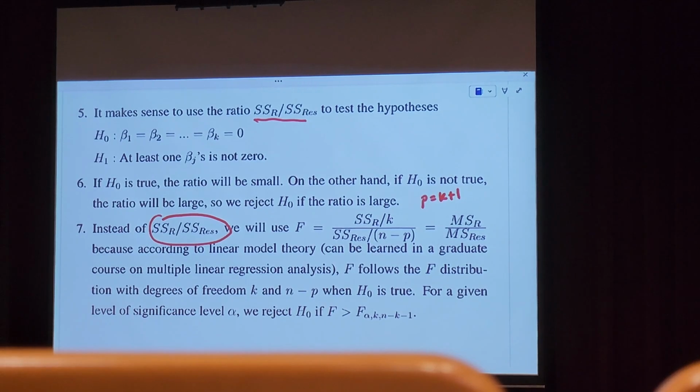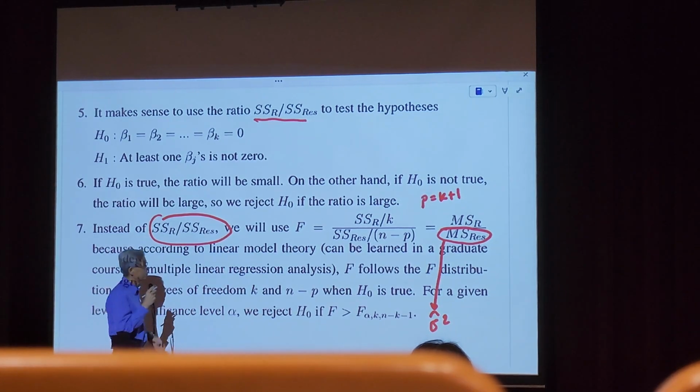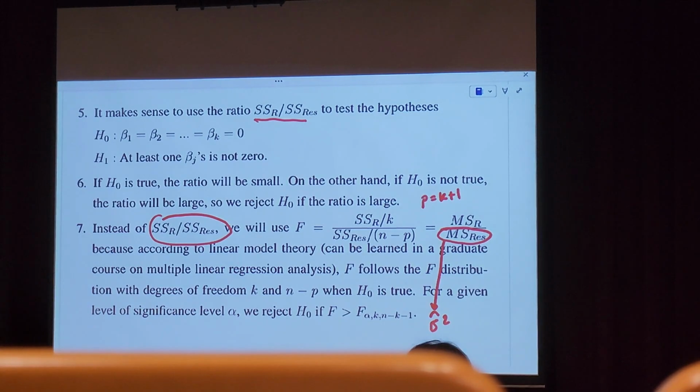If I take this ratio, the numerator is now called the mean square regression, and the denominator is the mean square residual, which is an estimate of the experimental error. So we can use this, and I think it's pretty fine.